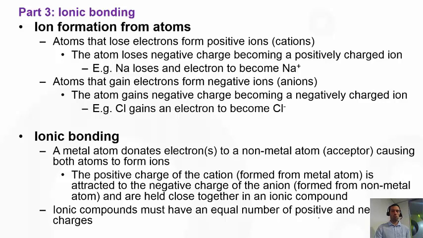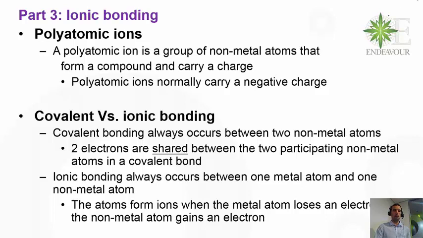And remember, to be a true ionic compound, it has to have an equal number of positive and negative charges as well. We also saw there's another group that can have a charge, which are polyatomic ions made up of non-metal atoms that are connected via covalent bonds, normally carrying a negative charge.